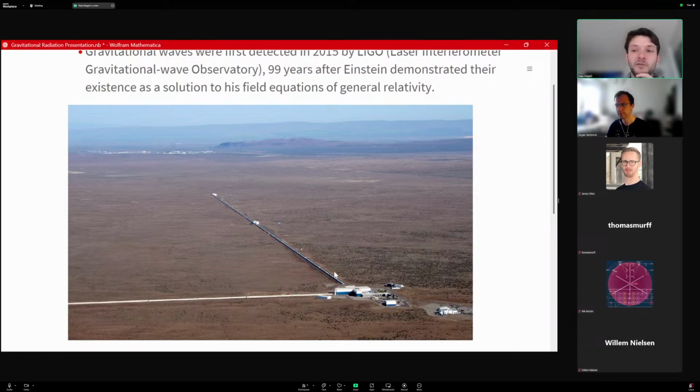And they chose 2 locations that were far apart because gravitational waves travel at the speed of light. So they can synchronize their clocks accurately enough that they can find the general direction the wave is traveling from.